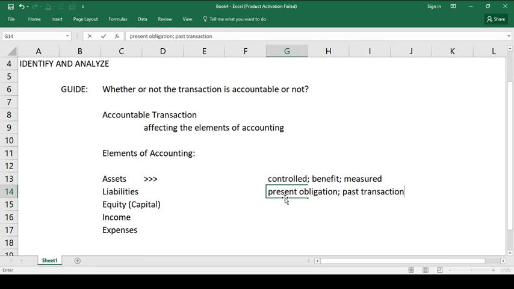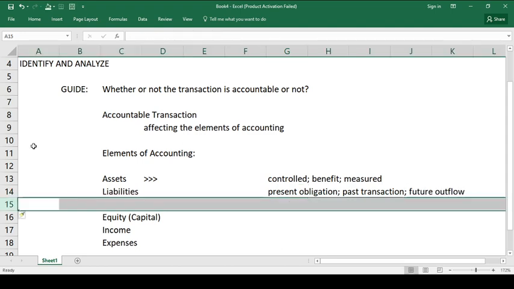Ibig sabihin po ng future outflow is that on the future, for example, yesterday we were able to make utang. That's the past transaction. So today we have a present obligation. Tomorrow is the future date. Tomorrow we will pay it. So may future outflow because meron po tayong ilalabas na resources, a future outflow of resources.